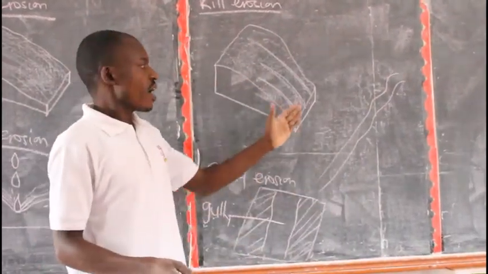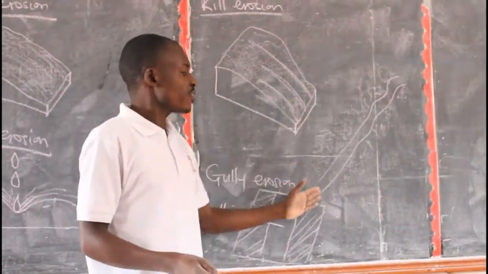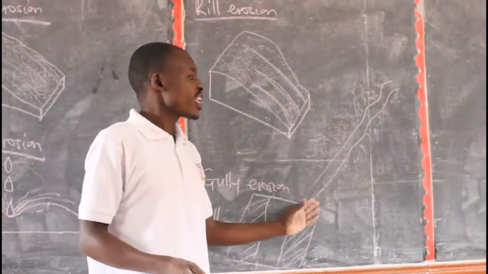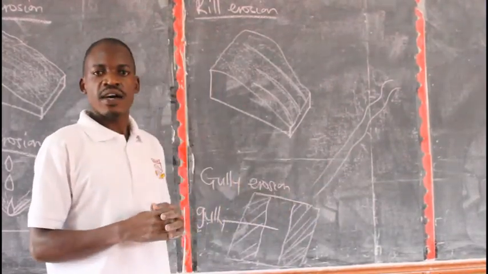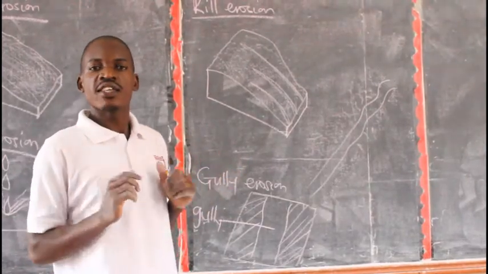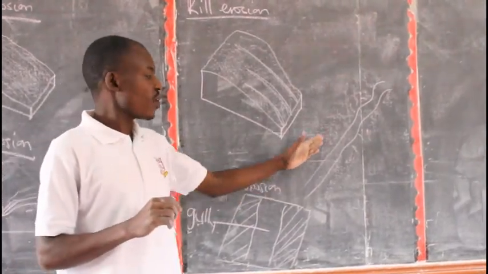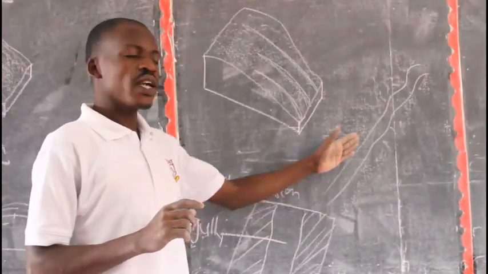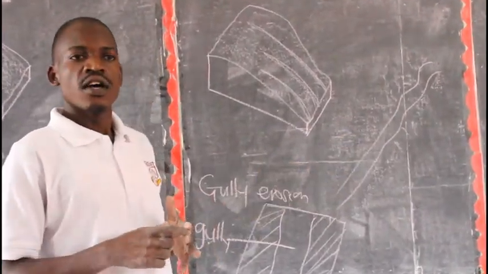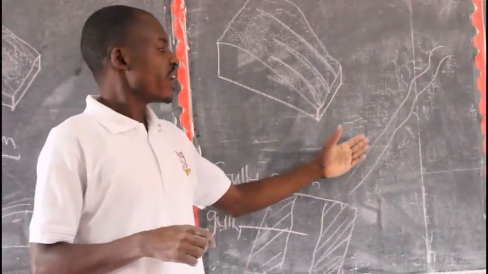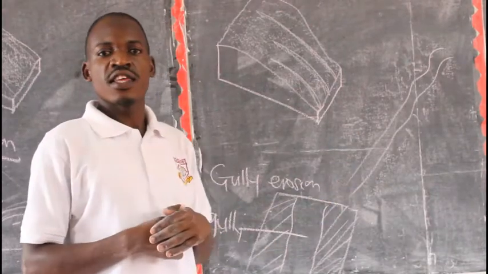So if human beings come and cultivate along the river banks, you are removing the vegetation cover along the river banks. You are exposing the river bank to erosion agents. You are leaving the soil around here bare. Now when this river overflows, the water will have no catchment area, so it will end up eroding everything.